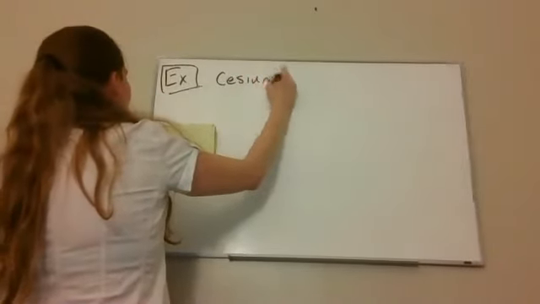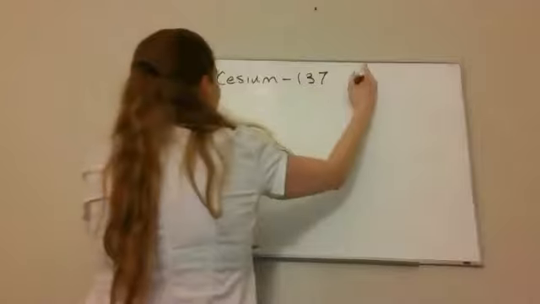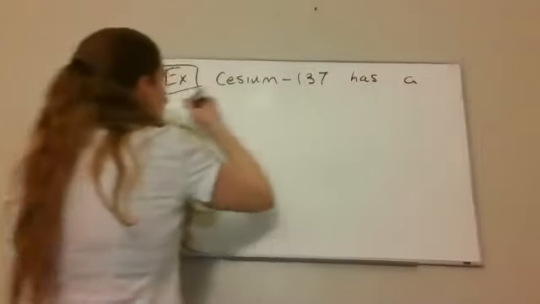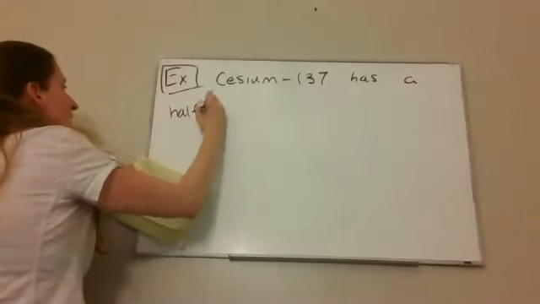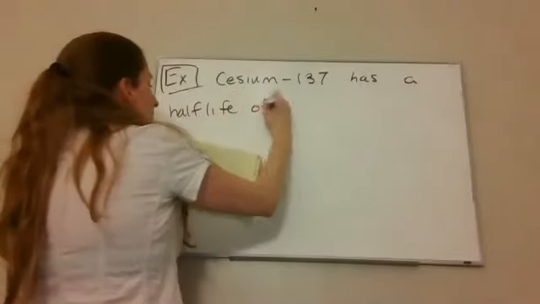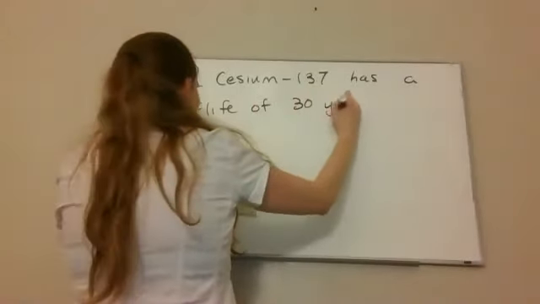So we have cesium-137 has a half-life of 30 years.